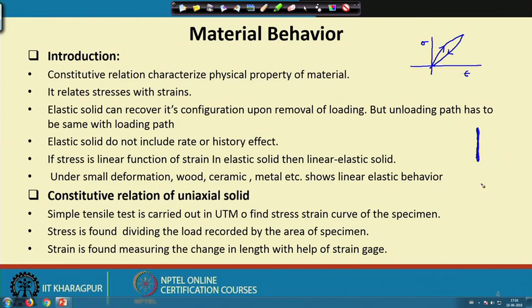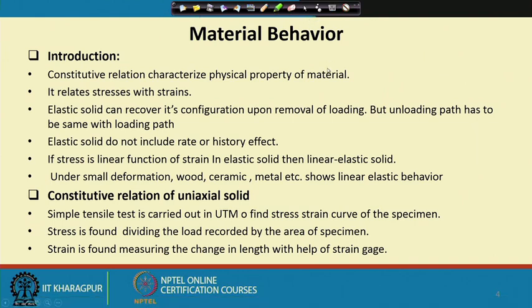So, how is stress found out? Stress is found out by dividing the load recorded by the area of the specimen. Strain is found out by measuring the change in length. That is the basic definition, and with the help of strain gauges we find out strain.